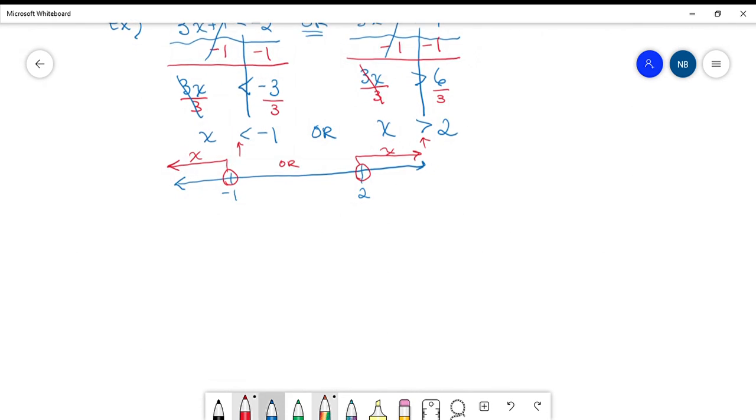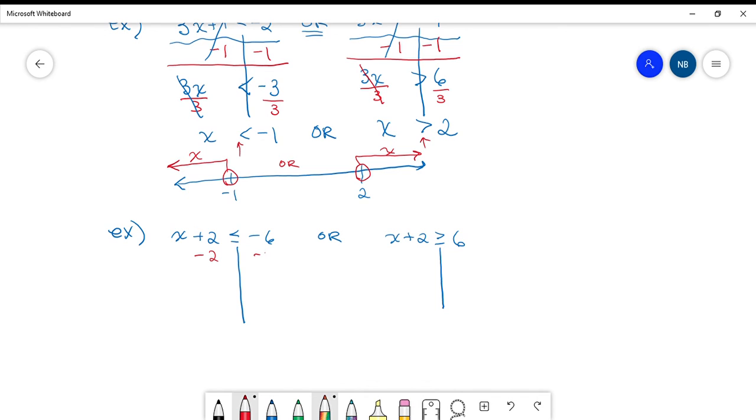Next example. X plus 2 is less than or equal to negative 6, or x plus 2 is greater than or equal to positive 6. I'm going to draw lines at my inequalities, and I'm going to solve.